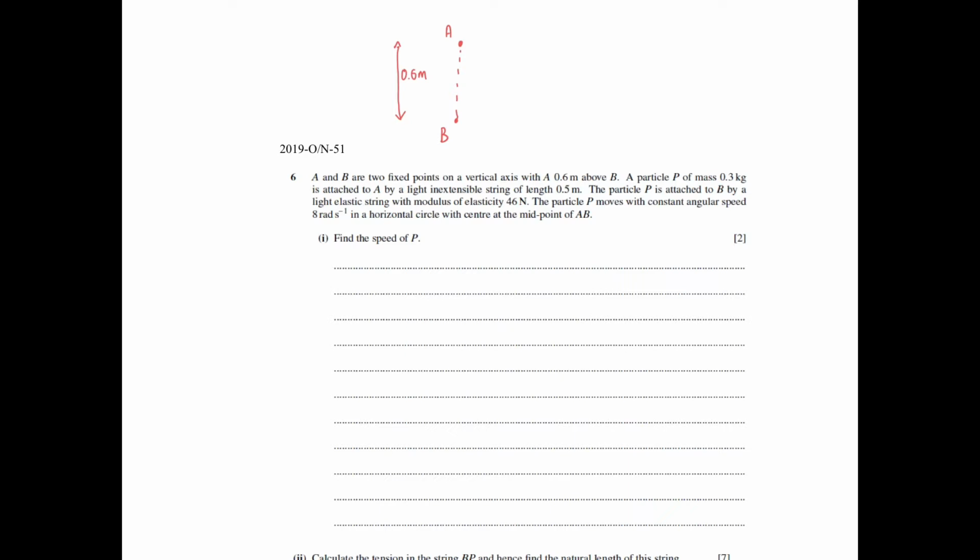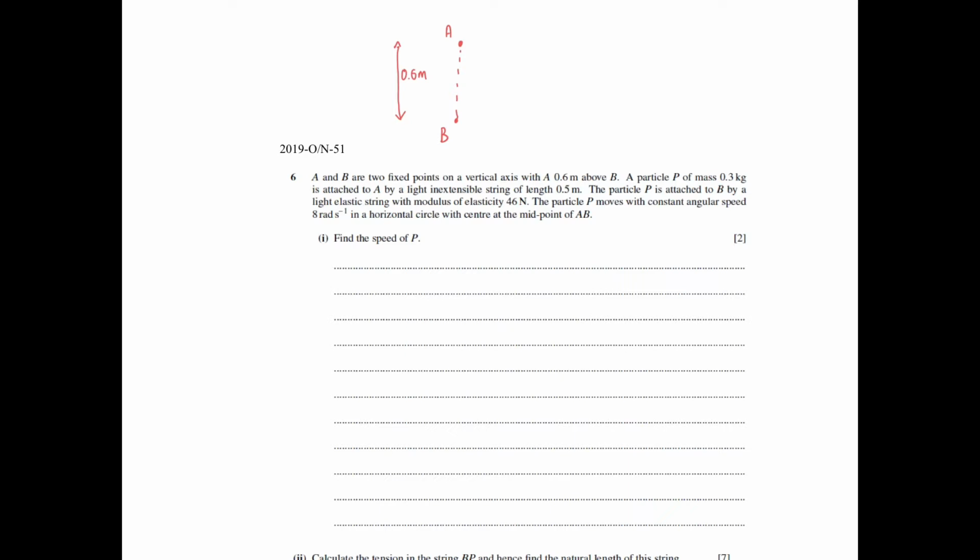Then at B you attach it with a light elastic string with modulus of elasticity 46. There are two strings that connect the particle, one attached to B and another attached to A. And the particle P moves with constant angular speed 8 radians per second in a horizontal circle.